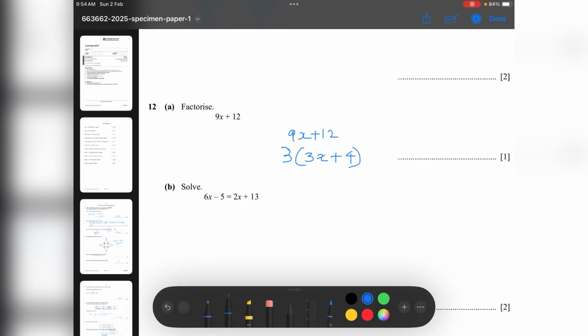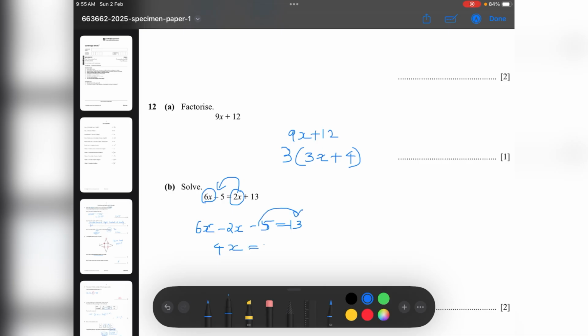Now the second part of it is this, very simple. Always remember, shift here, 6x is there and 2x is there. I'll shift this. So 6x, keep that as it is. Here it is positive, so when it goes, it will become 2x. Minus 5, I'll keep it like this only, is equal to 30. So it will be 4x, and minus 5 shifted to that side.